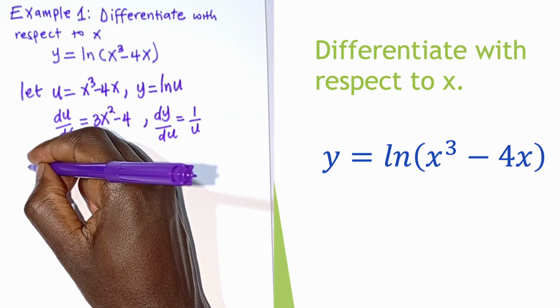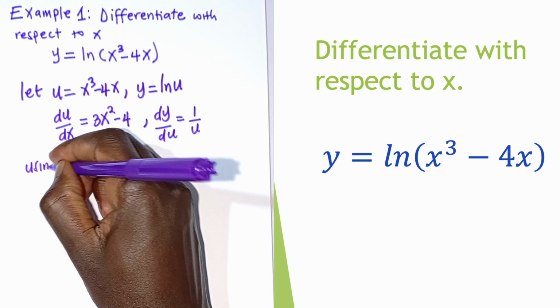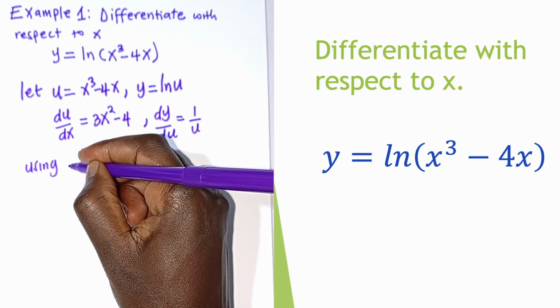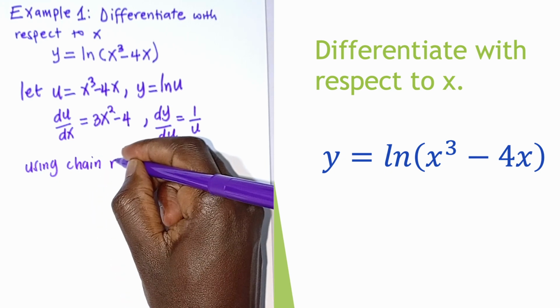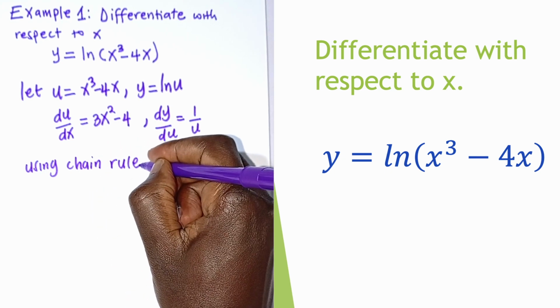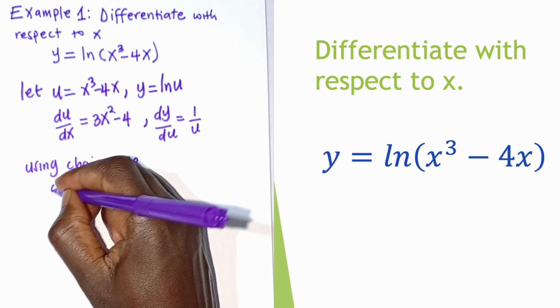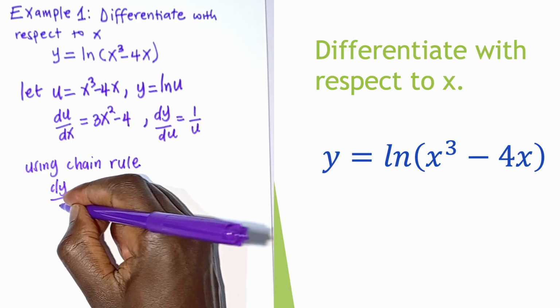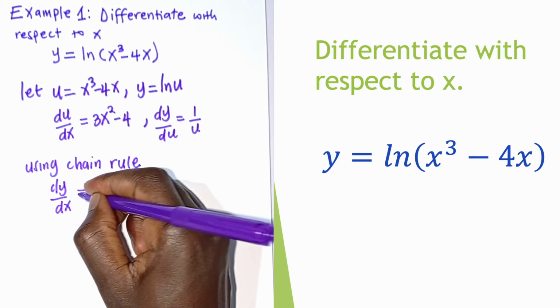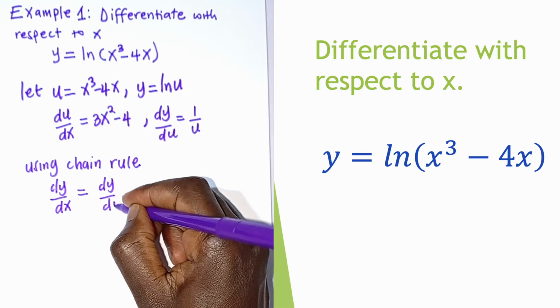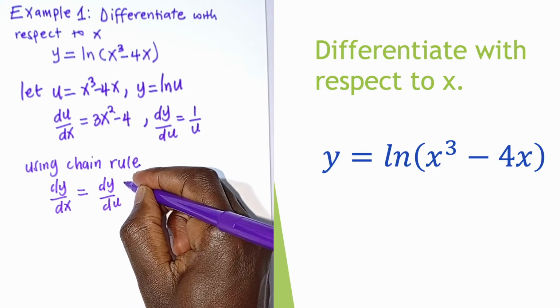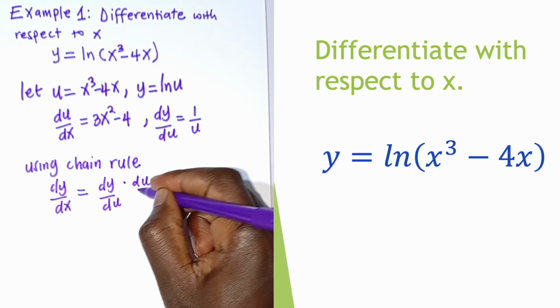Therefore, using the chain rule, we state it well: dy by dx is equal to dy by du times du by dx.